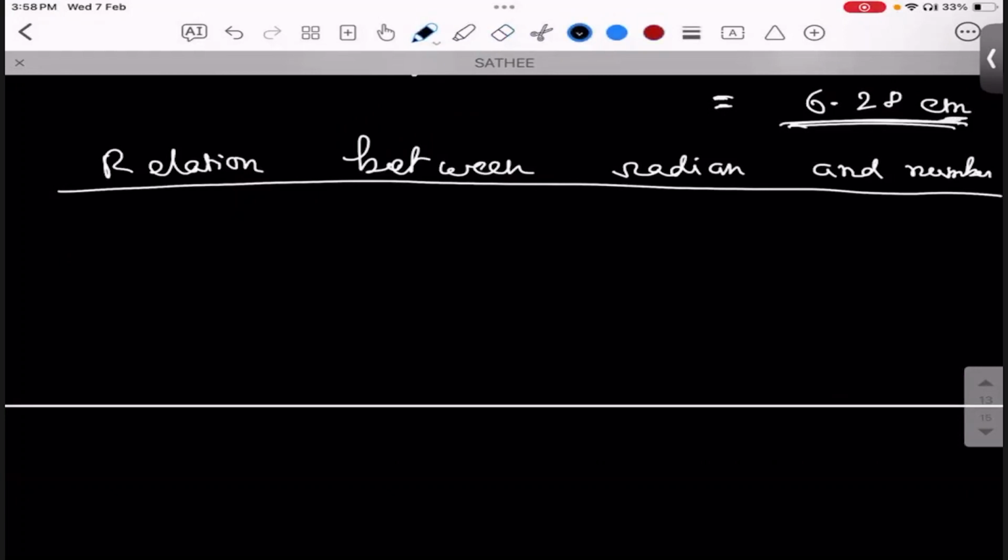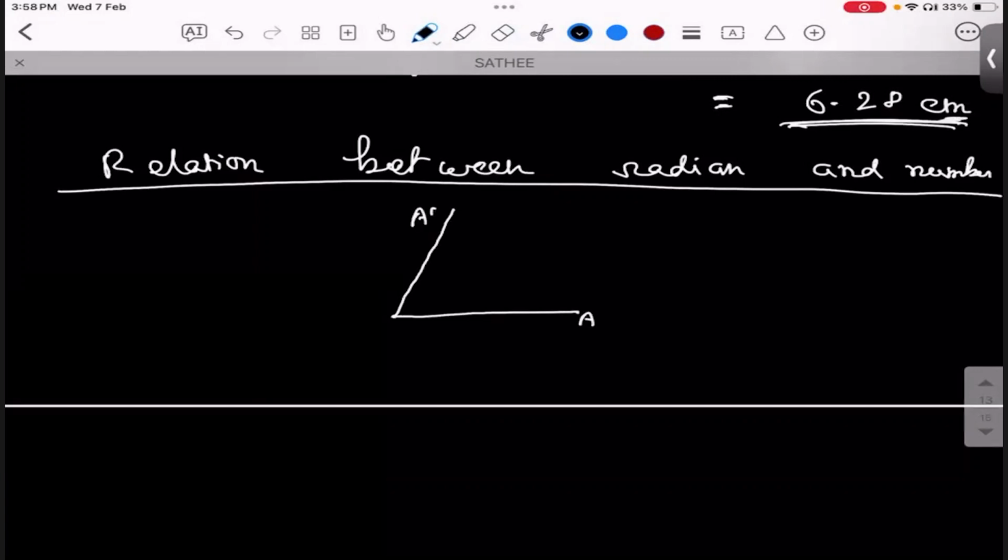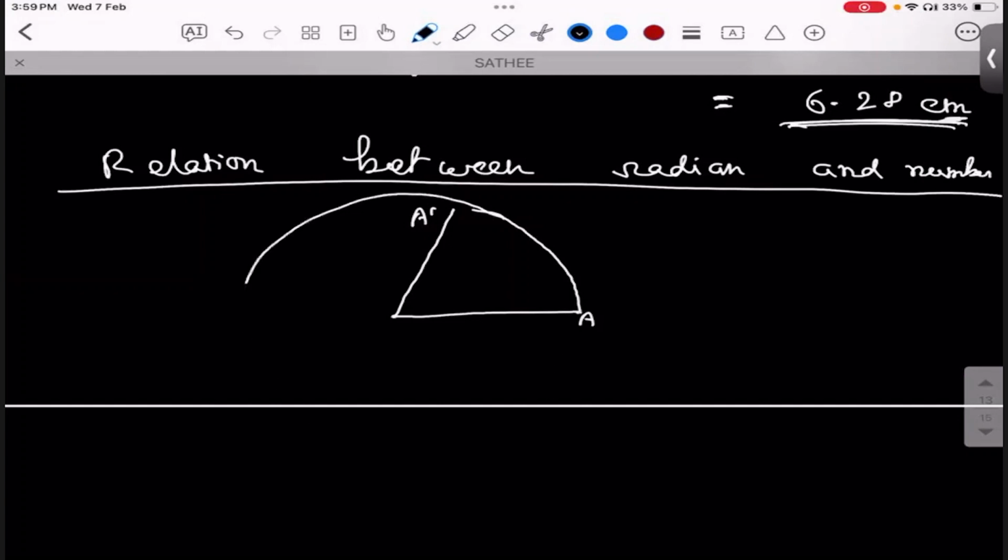So this is our origin, this is the initial state, this is the terminal state. You can draw a dash. Now suppose this length is 1, so I am drawing a unit circle like this. This is our unit circle. This is the origin and this length is 1.